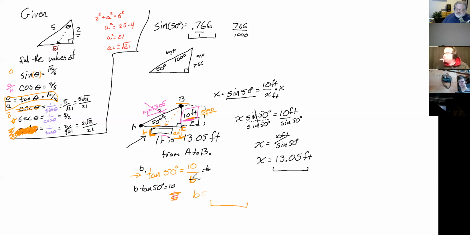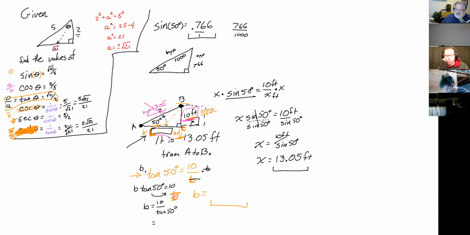So that wouldn't be helpful. So this idea of multiplying over what we're trying to solve for can sometimes seem counterintuitive, but we have to get it out of the denominator. Then once we do, we can divide our tangent 50 off. Again, tangent 50 is just some number, so we can divide that number off.